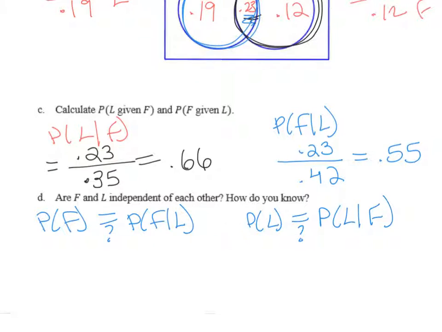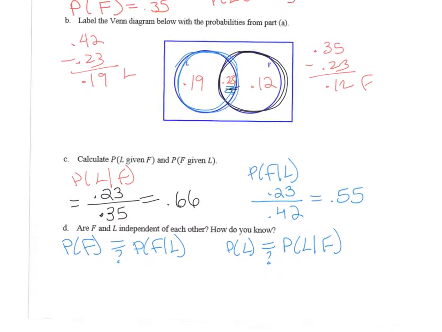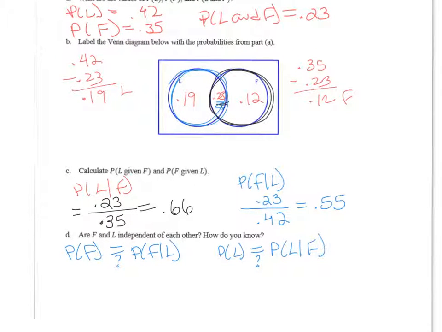So we have back up in part A, let's see if I can get it all on the screen. There we go. The probability of F is 0.35. We found the probability of F given L was 0.55. They're not equal. You could do the same thing the other option, 0.42 and 0.66, not equal.